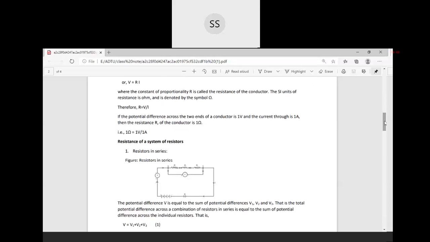Or 1 ohm equals 1 volt divided by 1 ampere. From V equal to IR, R equal to V by I, right? So 1 ohm equals 1 volt divided by 1 ampere.